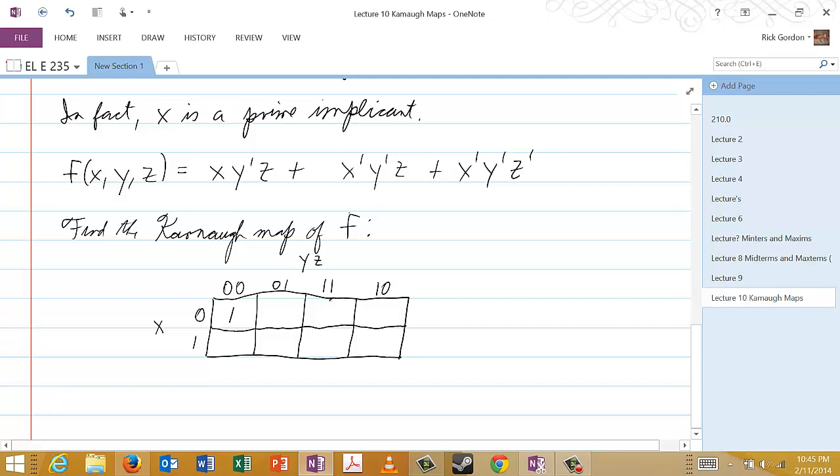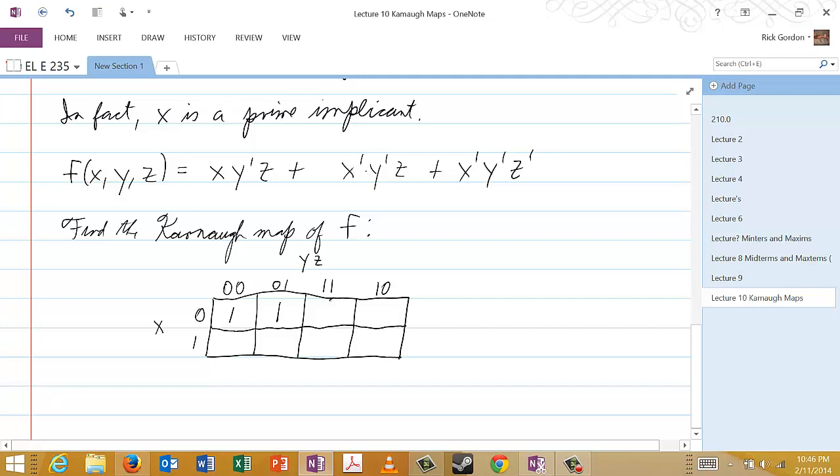Now for the 0, 1 cell, this means again, x is 0 and y is 0, z is 1. So if we try that out for this function and look in particular at the second term here, if x is 0 and y is 0, then x prime will be 1, y prime will be 1, and we have z is 1, so again 1 ANDed with 1, ANDed with 1, so we get a 1 in that cell.